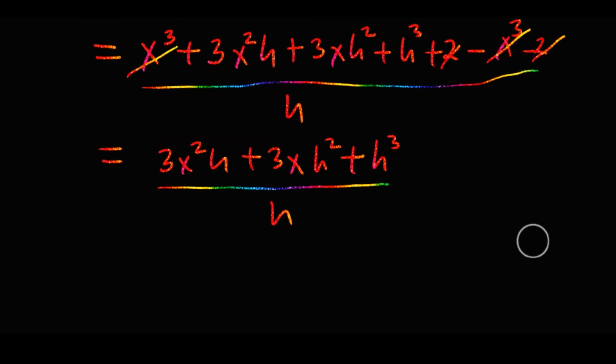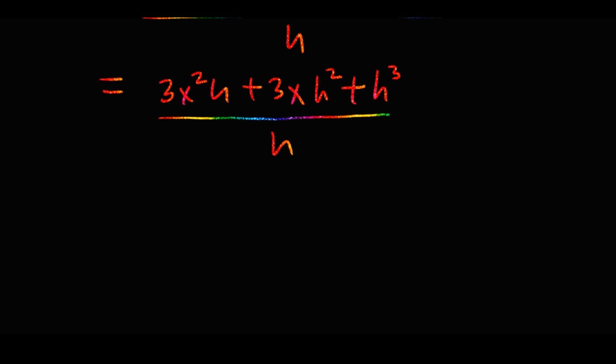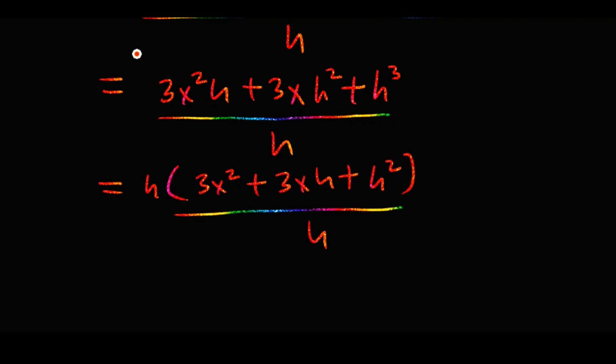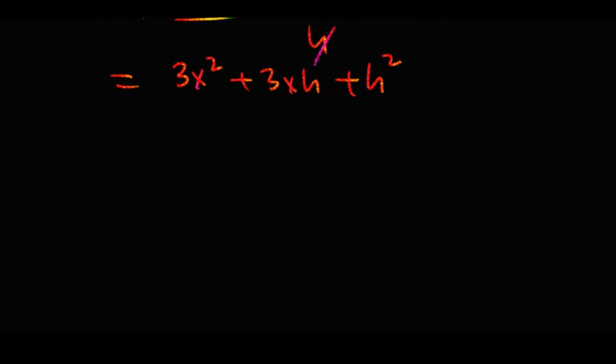In the numerator h is common, so we can factor it out, so that we have h into 3x squared plus 3xh plus h squared, all over h. Now h and h cancel, so that we are left with 3x squared plus 3xh plus h squared. That is our change in y over change in x, our gradient function.